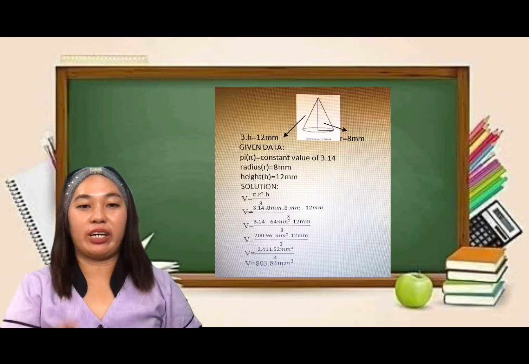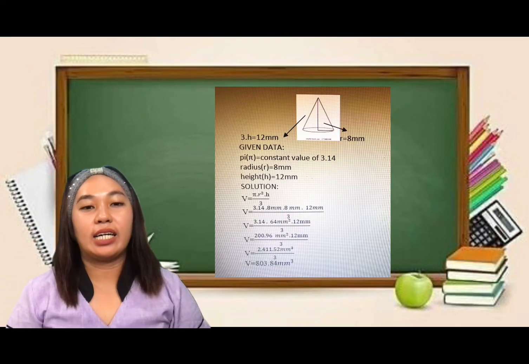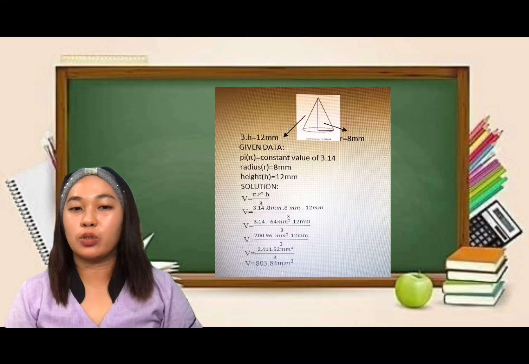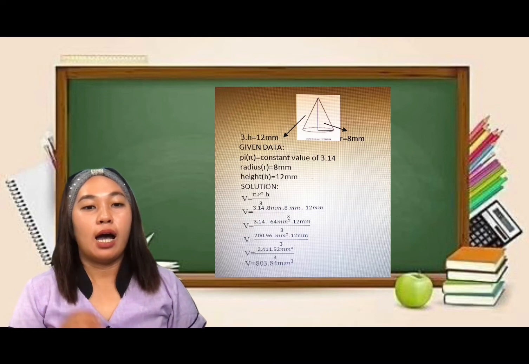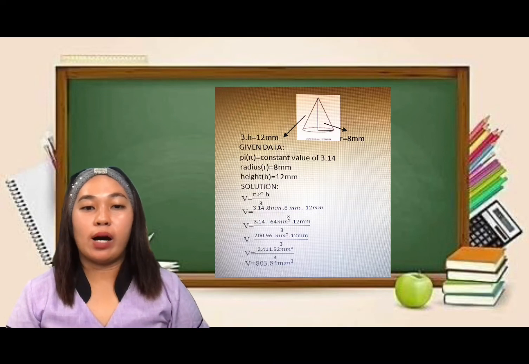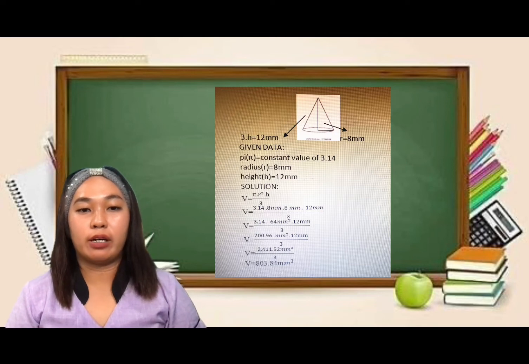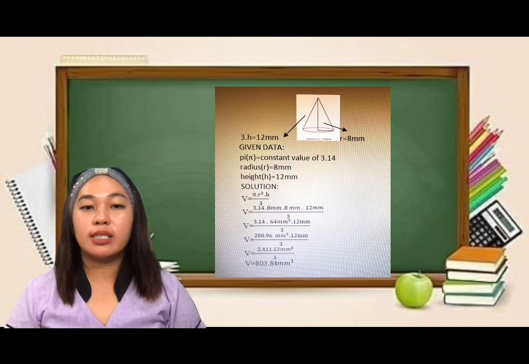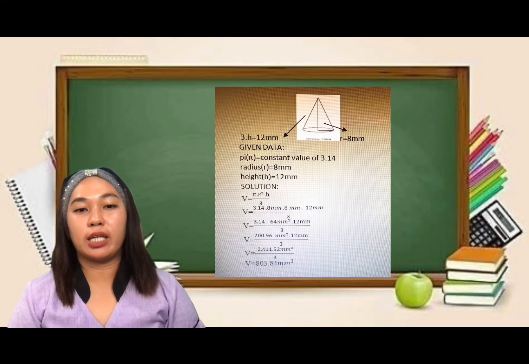Example number 3. The given data are radius equals 8 millimeters and height equals 12 millimeters, and pi is the constant value of 3.14.